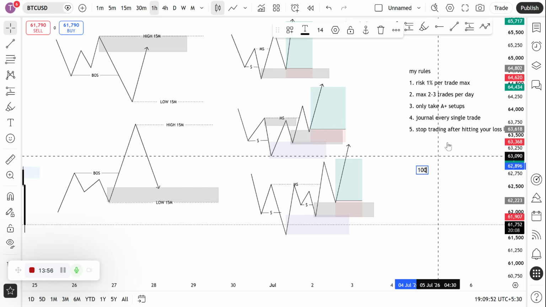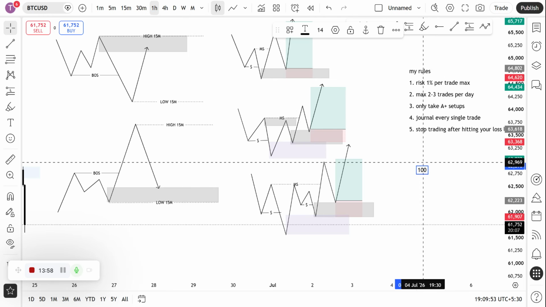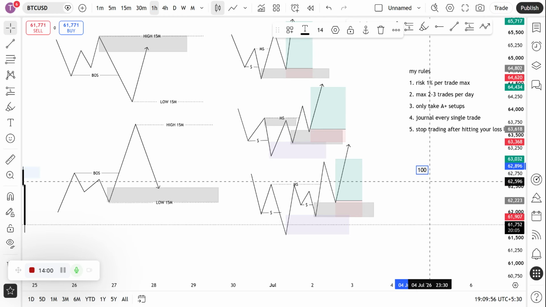Right. And then number four, journal every single trade. This one helps, guys. Let's say I took the first trade, I have a loss. I took the second trade, I have a loss. I took the third trade, I have a win. So I have one win in 3 trades. And then I took screenshots. I journal them. I write down what I was missing on that trade.